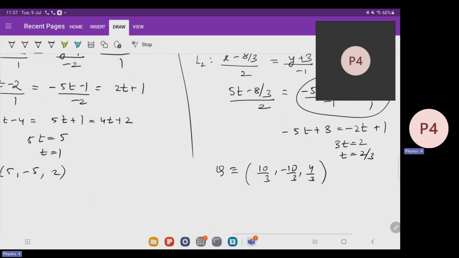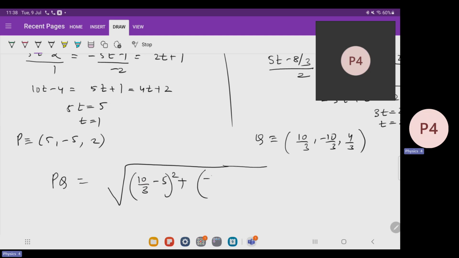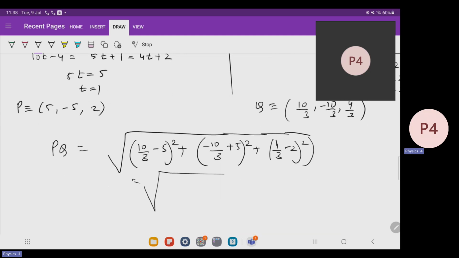So we have P and Q. We can find distance PQ now. PQ will be square root of (10 by 3 minus 5) the whole square plus (minus 10 by 3 plus 5) the whole square plus (4 by 3 minus 2) the whole square. This is minus 5 by 3, that will become 25 by 9.